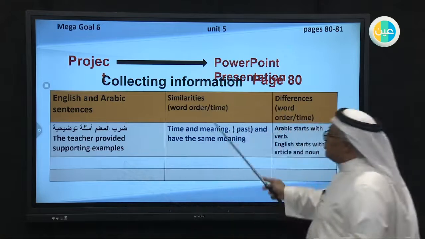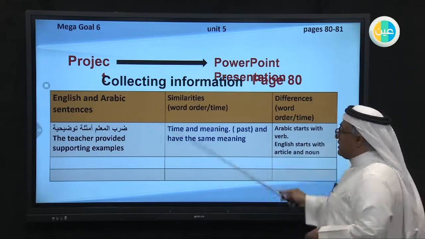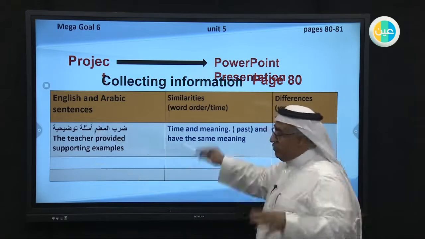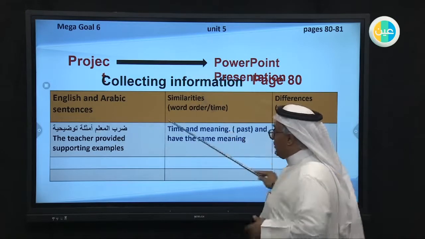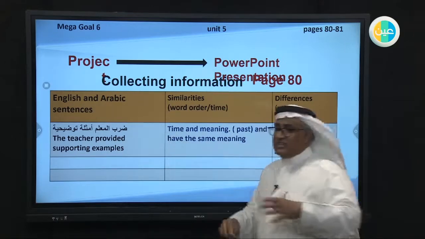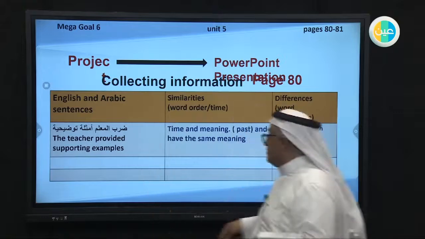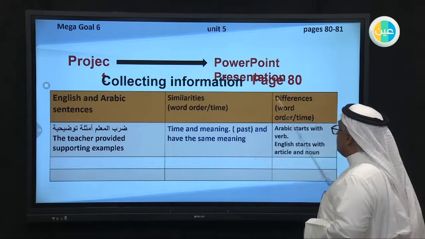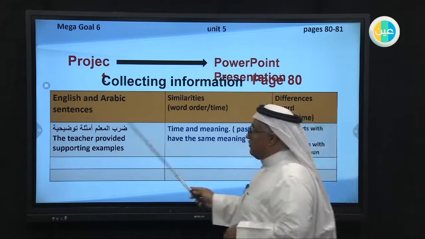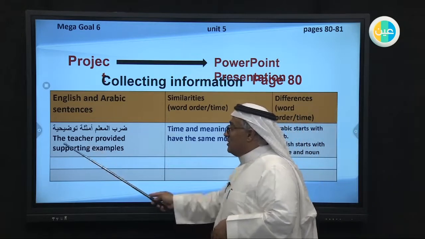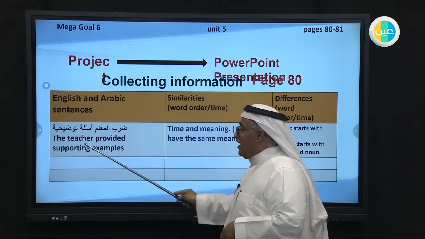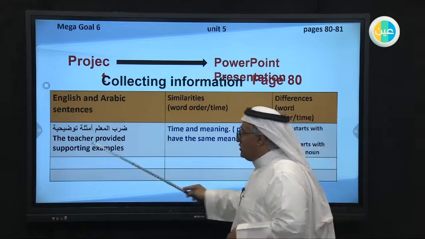Let's see the similarities in the two sentences: time and meaning. Both were written in the past. Time, similarity. And meaning: both have the same meaning. But what about differences? The Arabic sentence starts with a verb, while the English sentence starts with an article and a noun, the teacher.